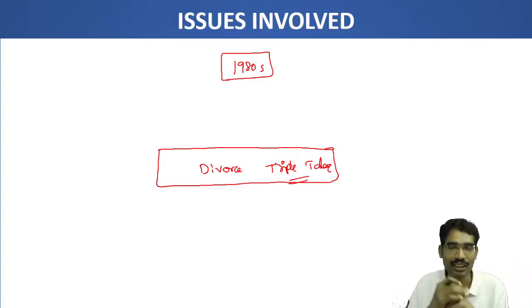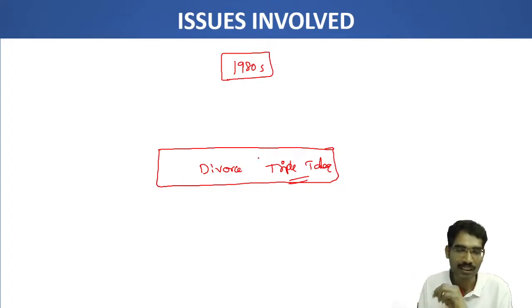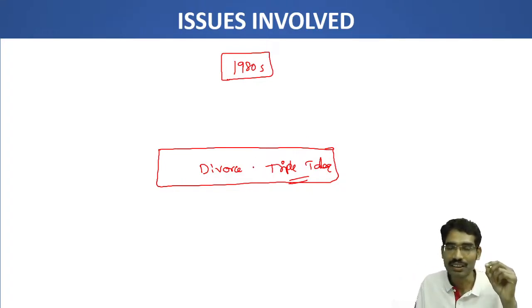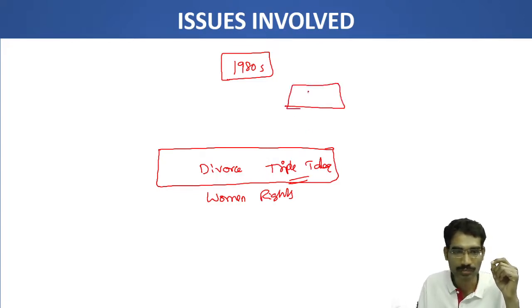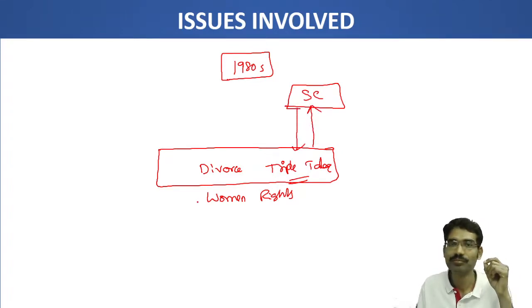In the Islamic religion, there is a prescribed norm, triple talaq, which means instant divorce can be given to women. This is affecting women's rights. Now the aggrieved woman, Shabana, approached the Supreme Court. The Supreme Court declared in her favor.